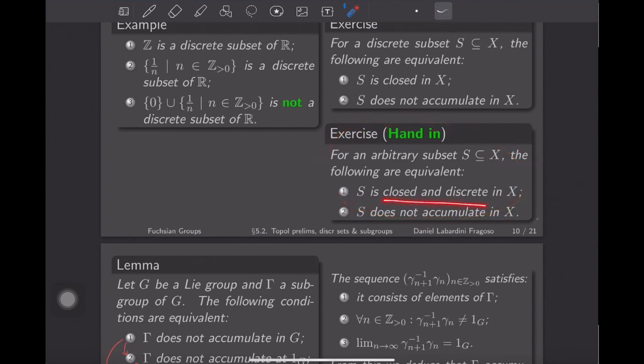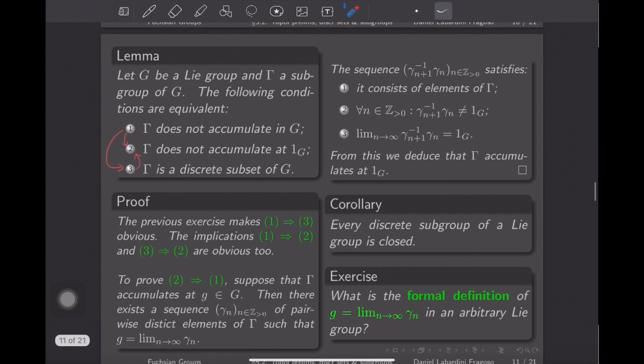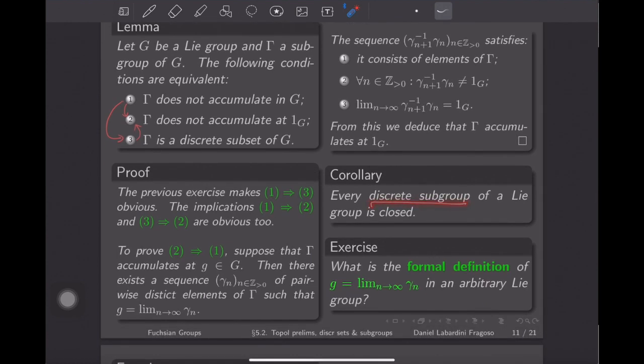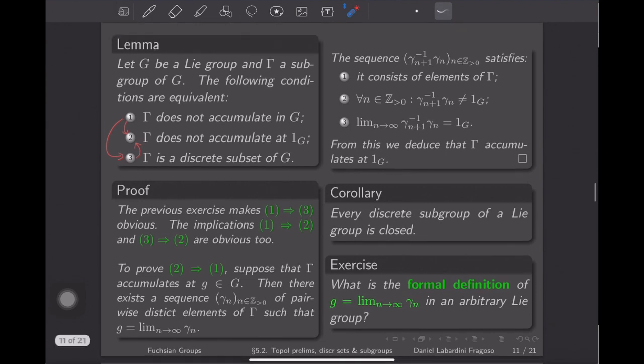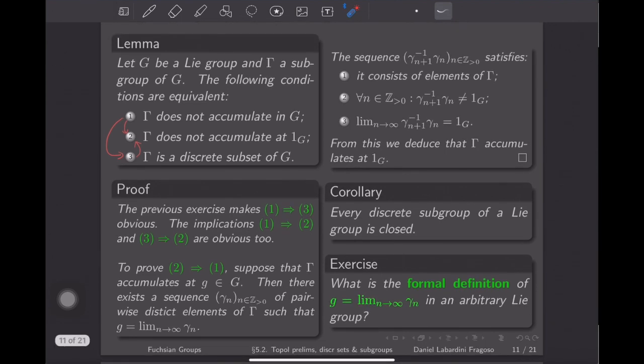It's closed and discrete. So discrete subgroups of Lie groups are always closed. Or if you want, discrete subgroups of just SL2R or PSL2R are always closed. So, at least for subgroups of SL2R and PSL2R, whenever we say discrete subgroup, we automatically know it doesn't accumulate in the whole space, not only in itself.